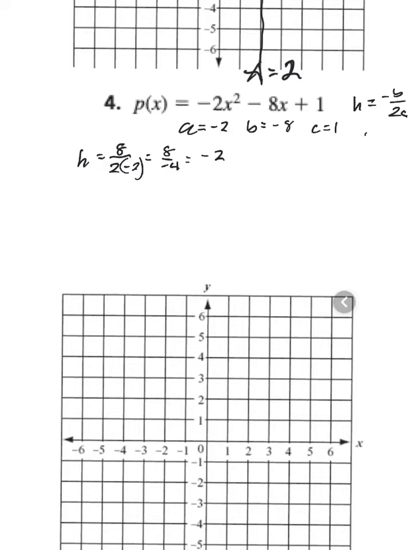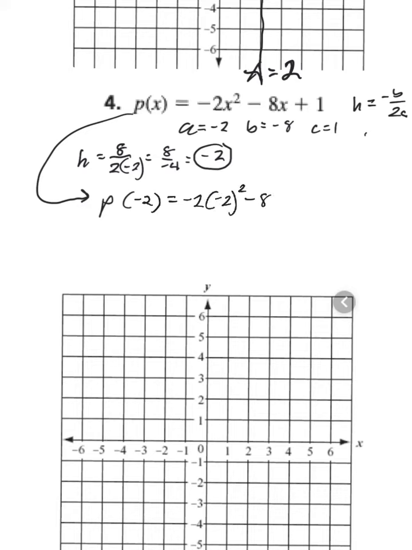So now that I know the x value of the vertex, I need to find the y value. I do that by plugging the -2 into the formula. P of -2 equals -2 times -2 squared minus 8 times -2 plus 1.